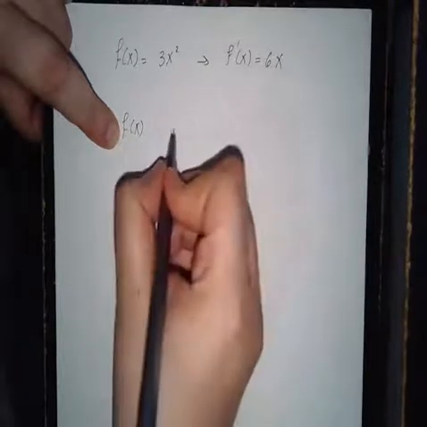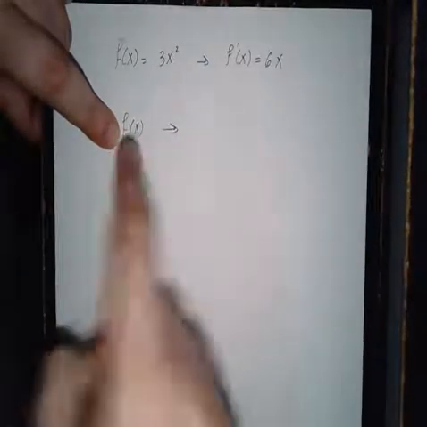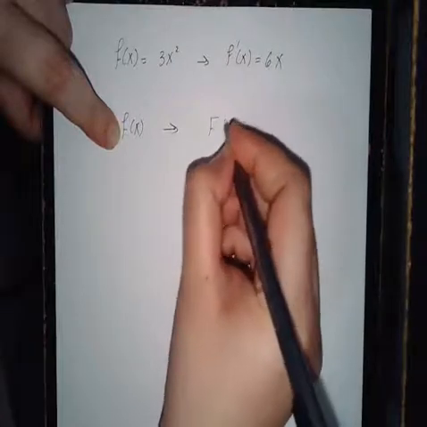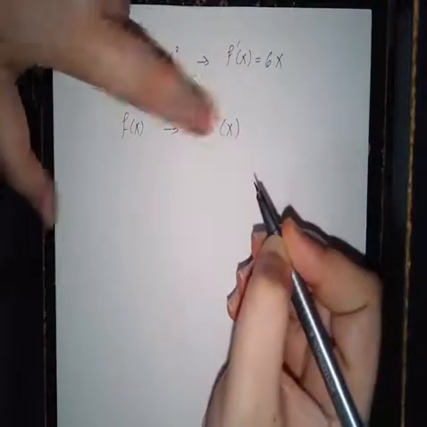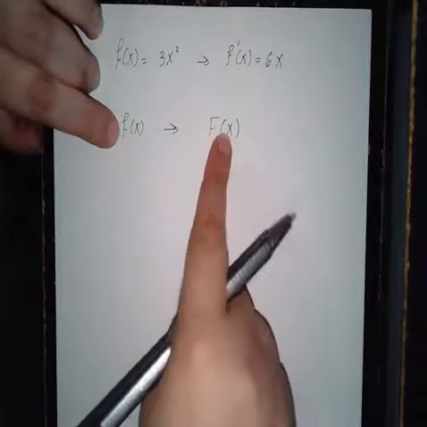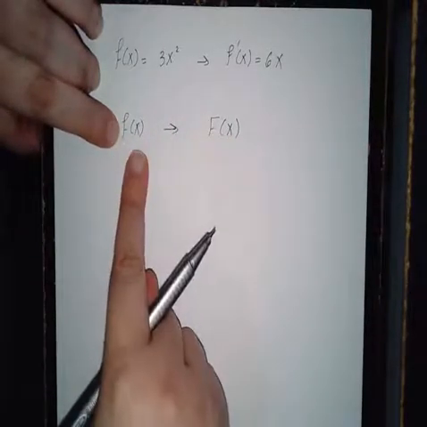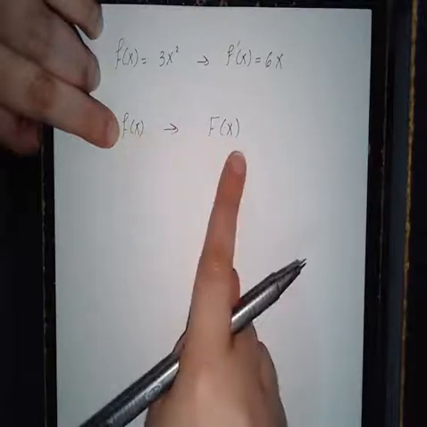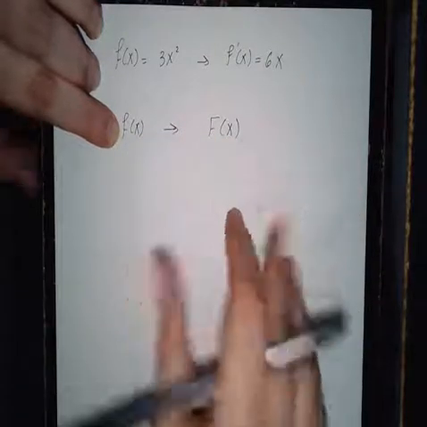So the way to go would be to capitalize the letter. Whenever you see capital F of x, this is meant to denote that this function is the antiderivative of that function. Make sense? So I'm making it bigger, so to speak.